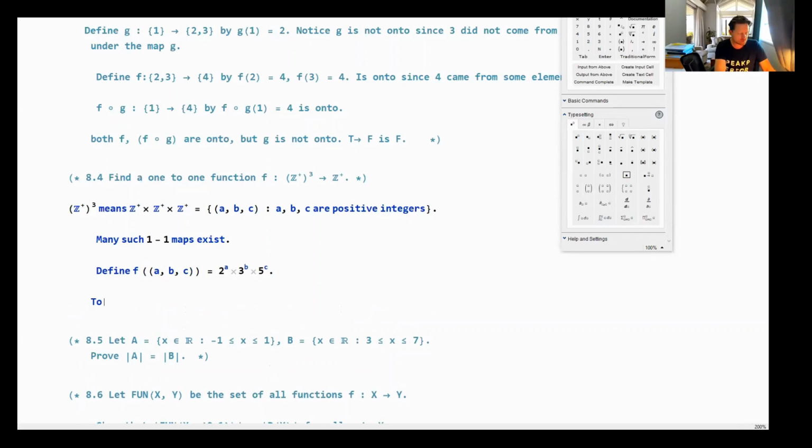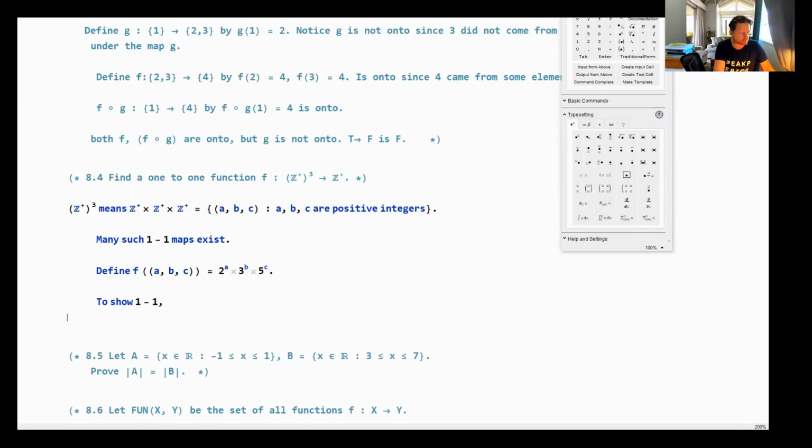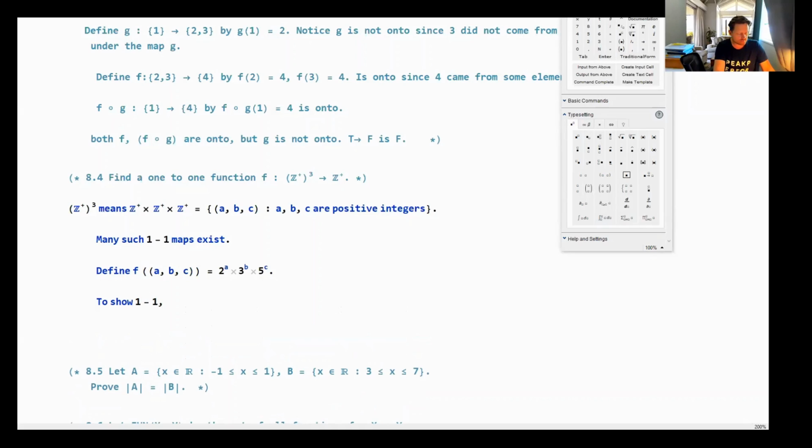Okay, so to show one-to-one, assume f of A, B, C. Now we're really talking about the point, right? So assume that the map of this point is the same as the map of another point, and let's just pick, how about P, Q, and R? Or maybe D, E, F, just some different letters.